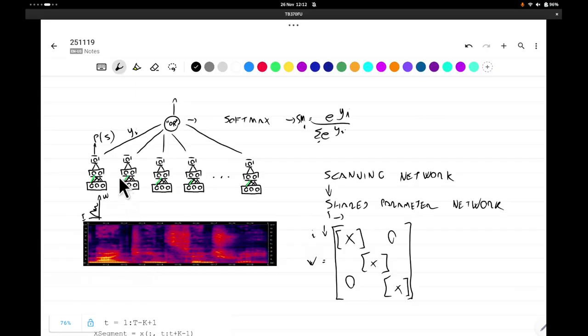So I give the same network another input in the next window, and so on and so forth. And then I train the overall set of networks to say, okay, if there is at least one of these networks that has seen the signal, that gives one as an output, so the probability that I see the signal becomes one.